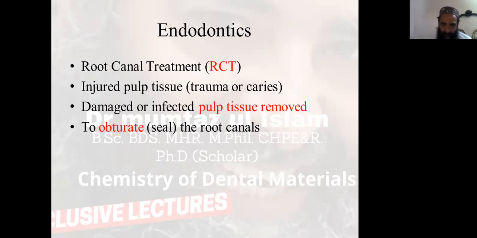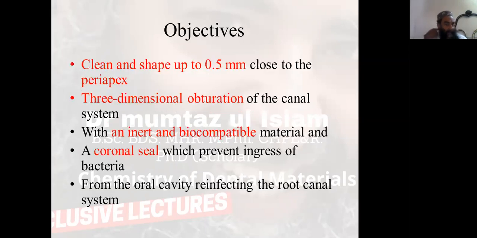So this all covers the endodontics. Now, the objective is to clean and shape up to 0.5 millimeter close to the peri-apex. Peri-apex means apical area of the tooth, and peri means surrounding.